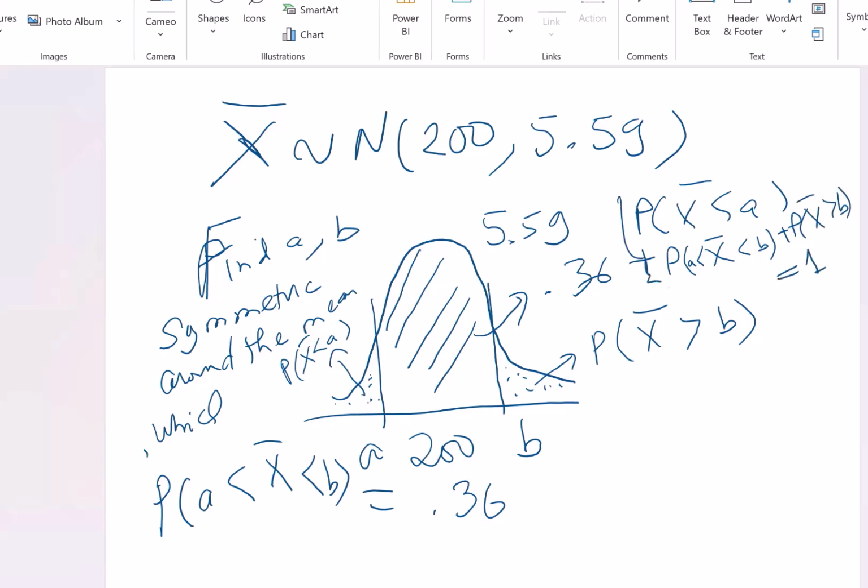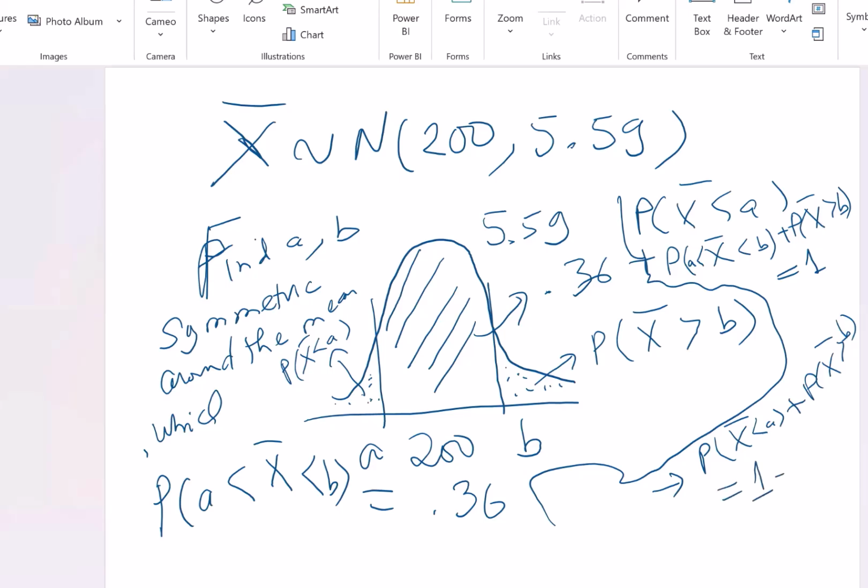The total area under the curve is always 1. Because the middle is 0.36, X bar less than A plus X bar greater than B equals 1 subtract 0.36, which is 0.64.